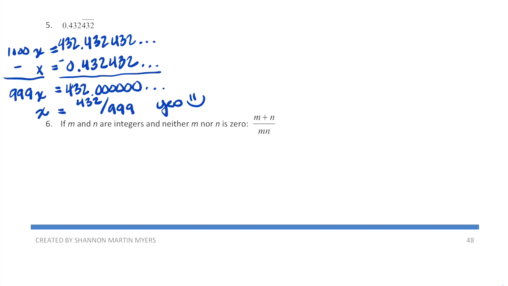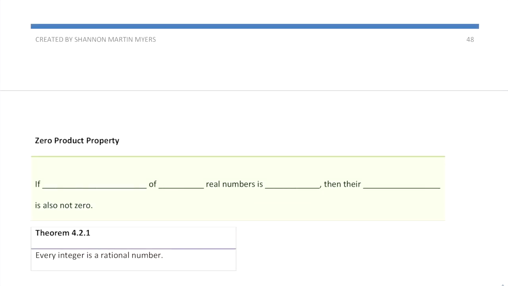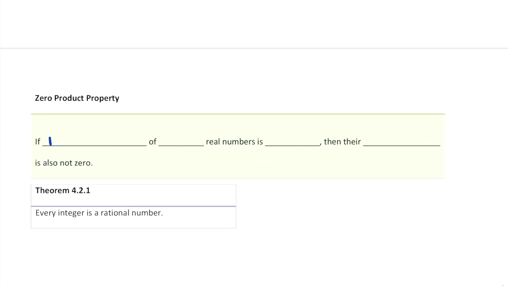Now, there's something that you might not remember about the zero product property. In fact, let's go ahead and sneak down here. For the zero product property, if neither of two real numbers is 0, then their product is also not 0.